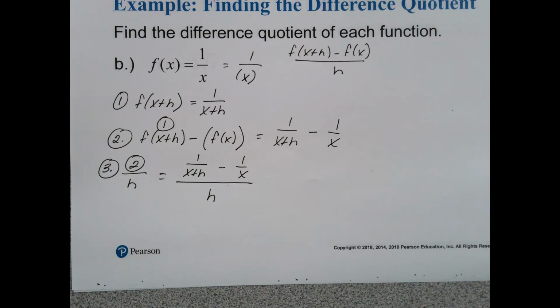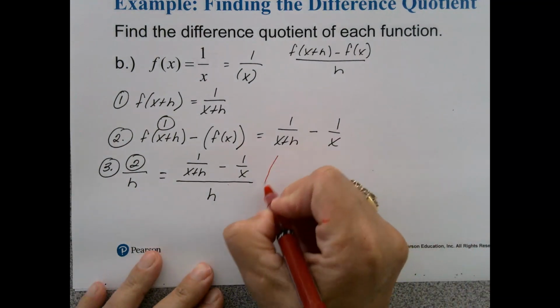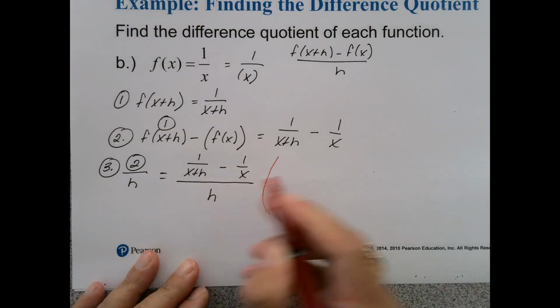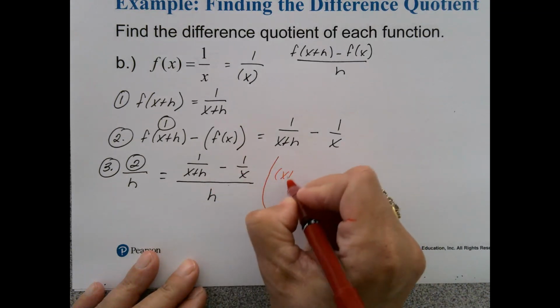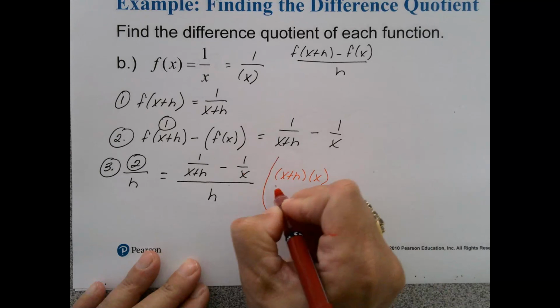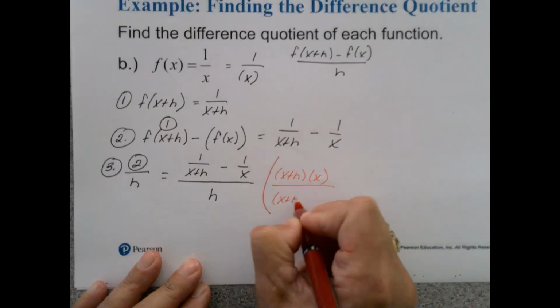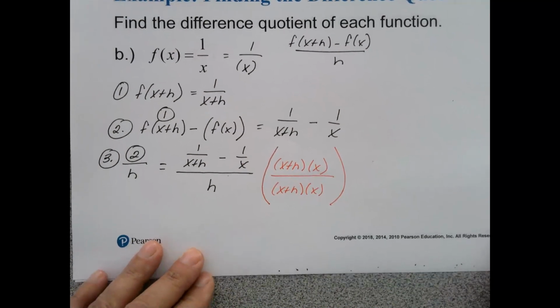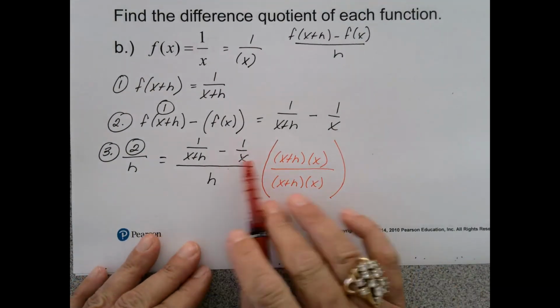And the trick for these, the 1 is going to look like finding your common denominator in the complex fraction, which is just x plus h times x. But I can't just multiply the top by it. I have to multiply the bottom by that same thing. So where did I get these values?